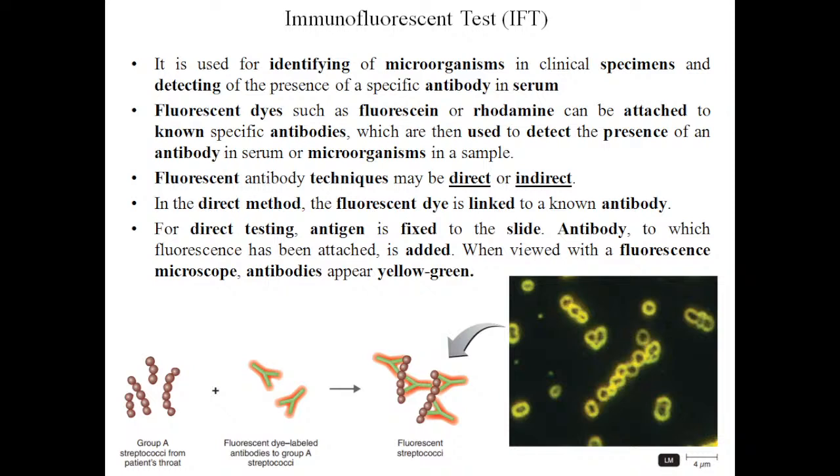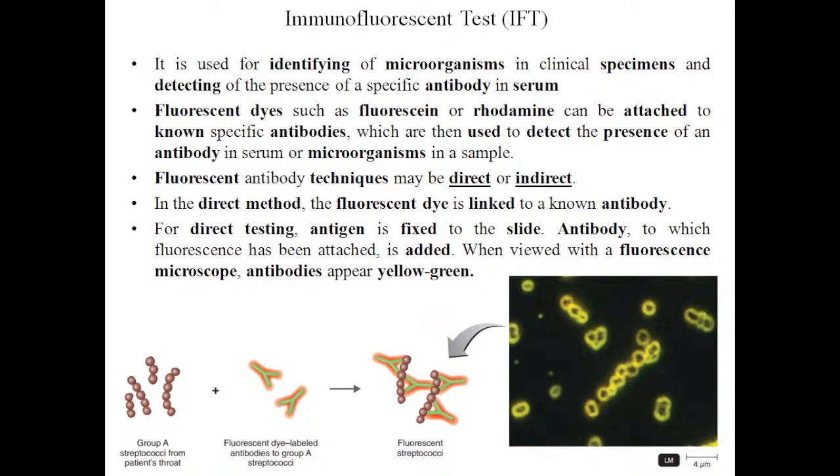These dyes may be attached to non-specific antibodies, like here, which are then used to detect the presence of antibody in serum or microorganism in a sample. The fluorescence antibody technique may be direct or indirect.